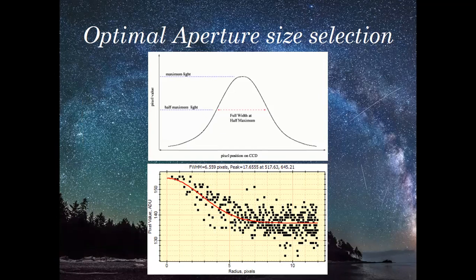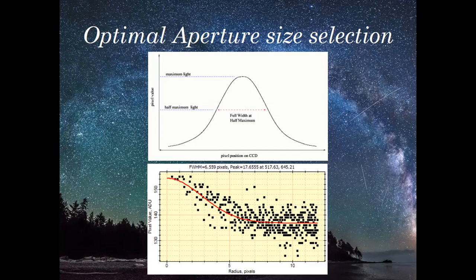There is one more thing you can use to calculate the aperture size, which is basically the light profile, like how much radiation you collect. In the figure below, it gives you the contribution of intensity versus pixel as you move out from your star.